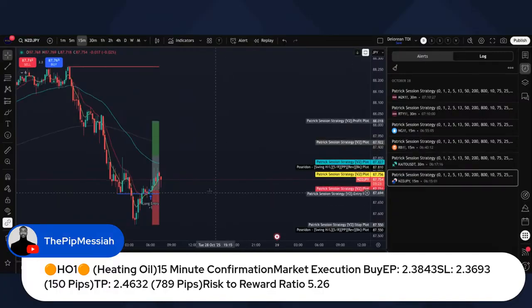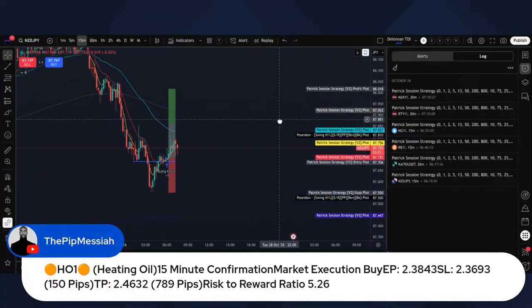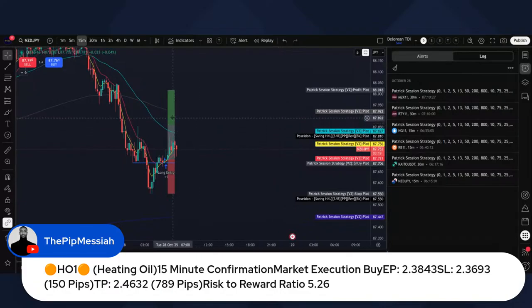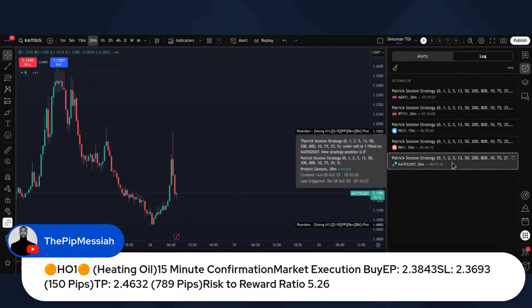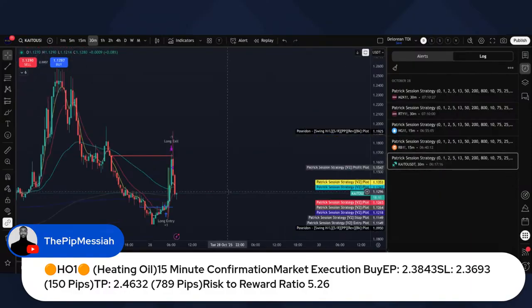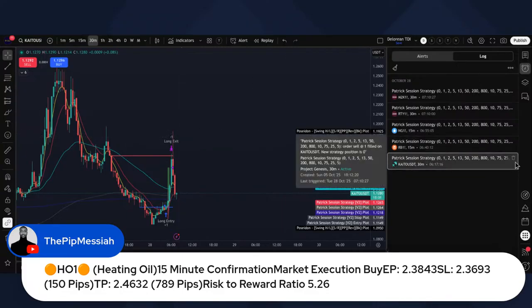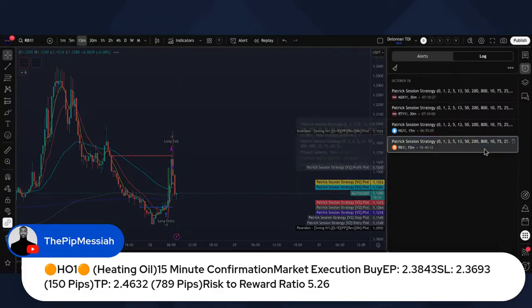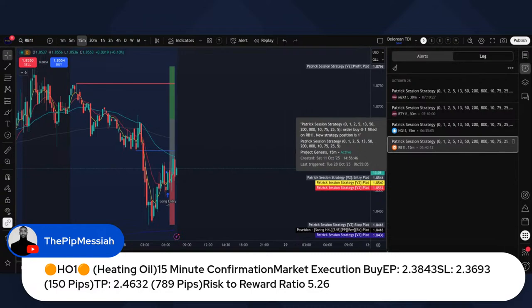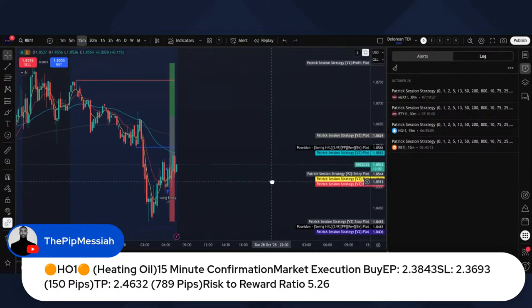And we have New Zealand dollar versus Japanese yen. This is not the configuration we want. We have gray, aqua, blue. That's consolidation. We won't be entering that trade. We have Kaito versus the United States dollar on the 30-minute that already hit take profit. We have RB1, which is another futures.